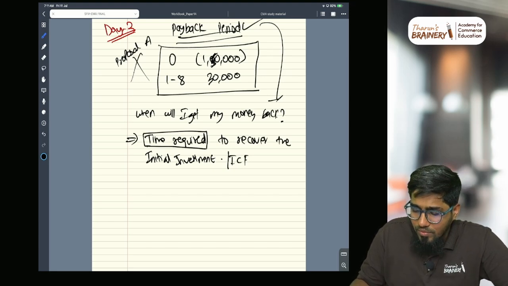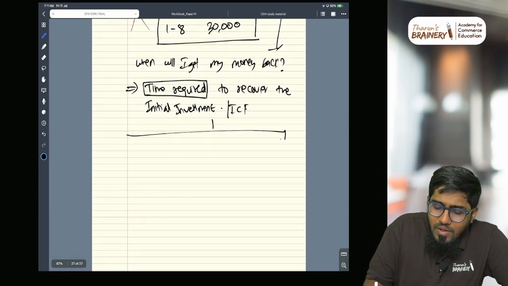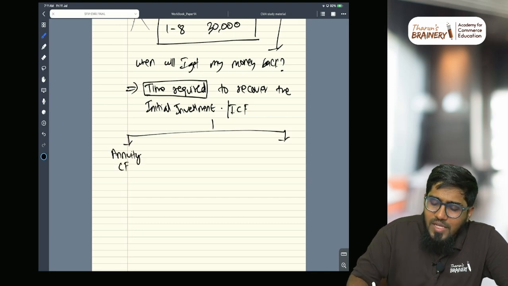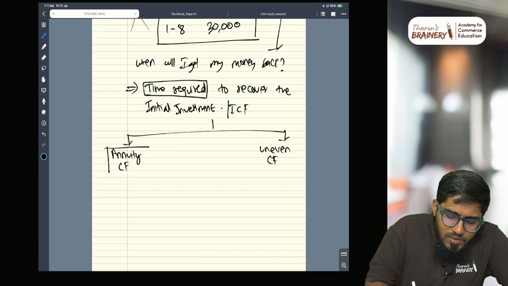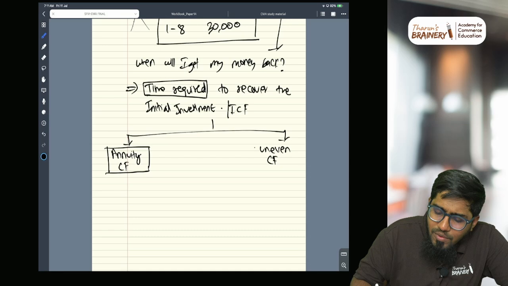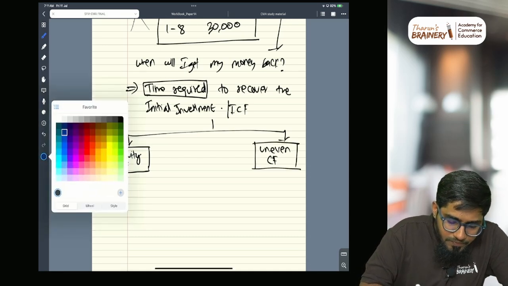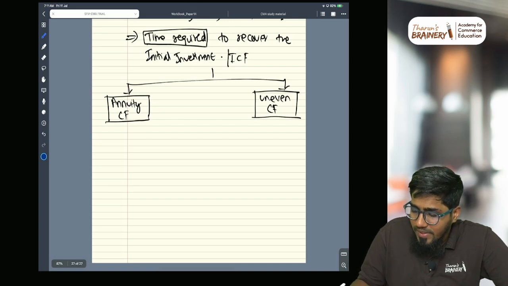But you know how to calculate. Sir, now how to calculate this? Let me bifurcate the cash flows into two: one is annuity cash flows and the second one is uneven cash flows. Sir, what is an example of annuity cash flows?